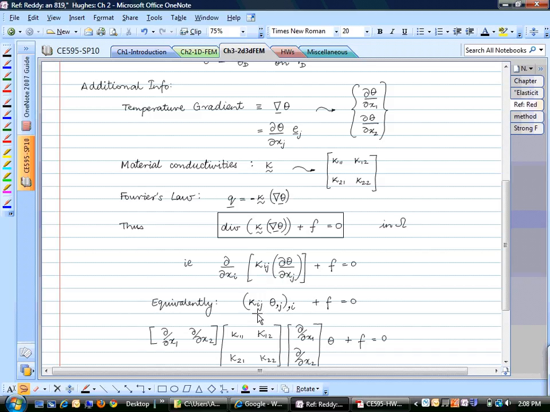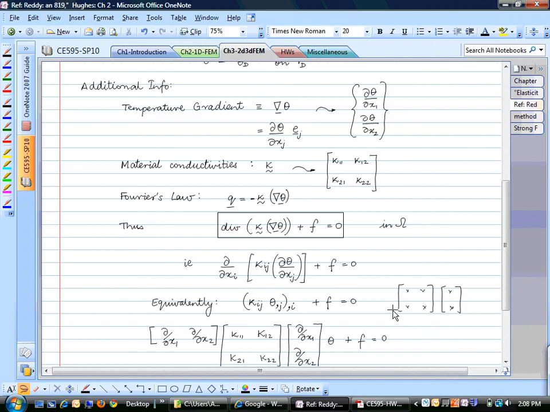Another way of interpreting this is that kij is a 3 cross 3 or 2 cross 2 matrix, right? And the column is going to act on the row. So if you were to write this out, you would have a 2 cross 2 matrix acting on a 2 cross 1 vector, which is this bracketed part.